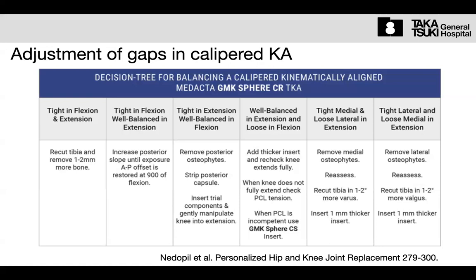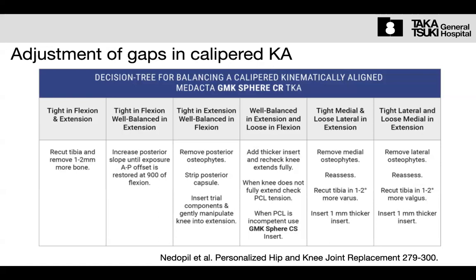Once I change to the smaller component, the posterior offset is shortened. So it does not fit the kinematic alignment concept, because in kinematic alignment we keep the same articular surface, especially on the femur side. Caliper kinematic alignment is a femur-driven operation.